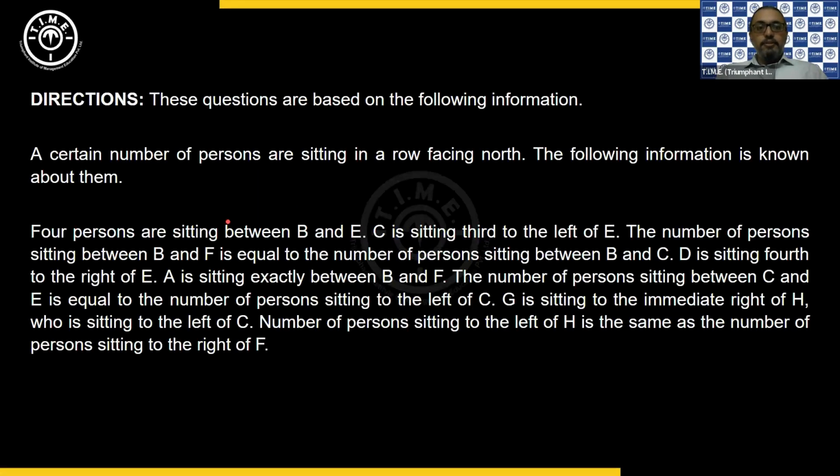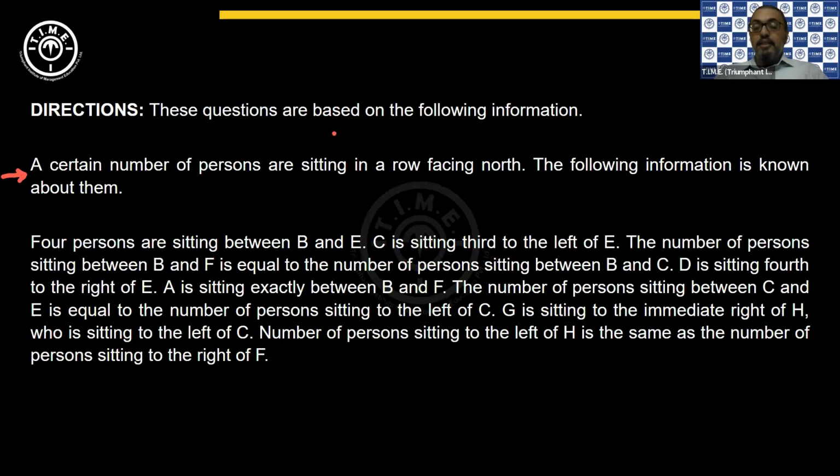So now here we are looking into the first set. Certain number of persons are sitting in a row facing north. The following information is known. So when he says certain number of persons, we need to understand that we do not know the number of people, and based on the given conditions, you may not get every person in every position.